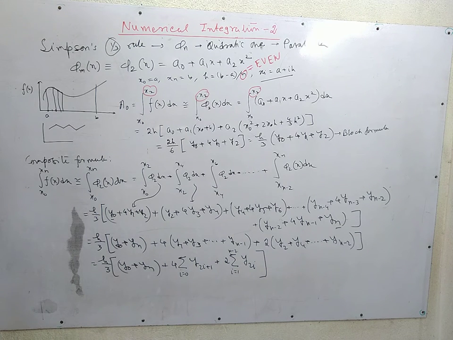The number of points that would be required to get a convergent value of the integration depends on two things. One, obviously the nature of the integrand, and secondly the method that we are using, that is the nature of the integrating polynomial.